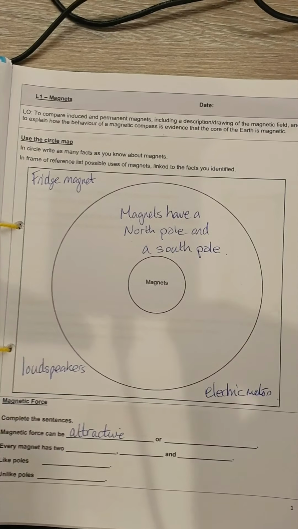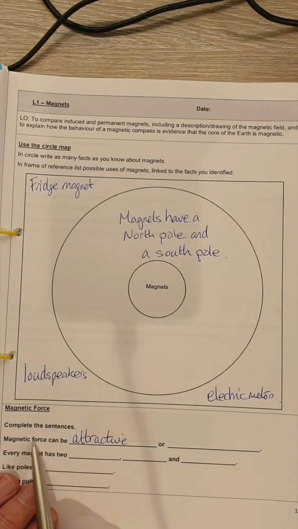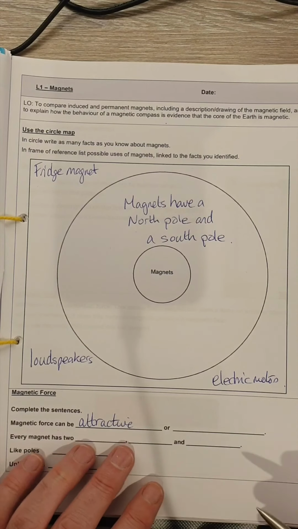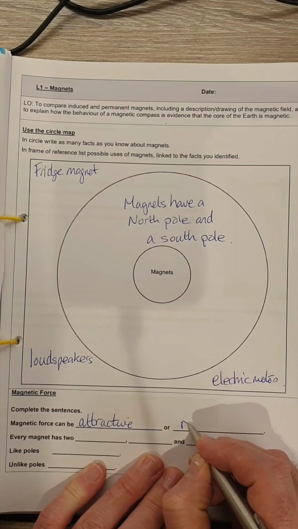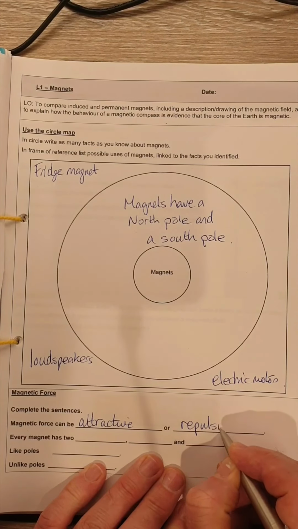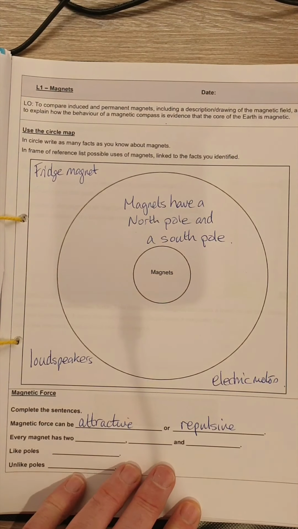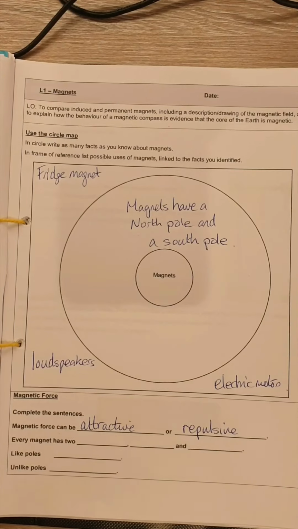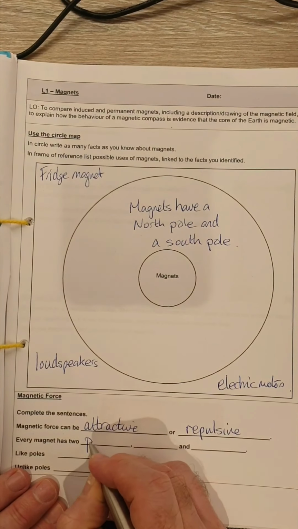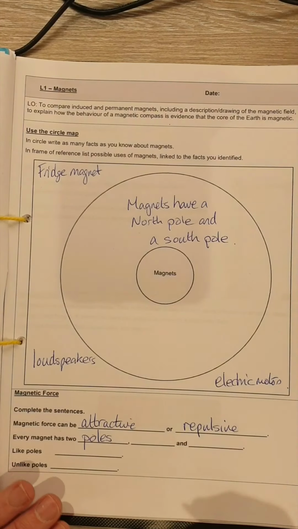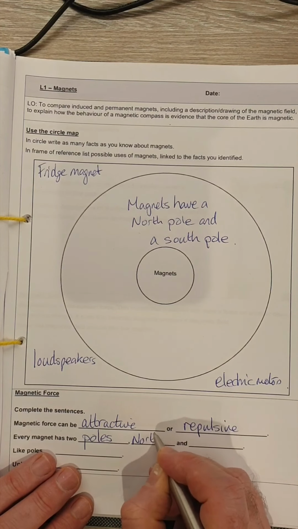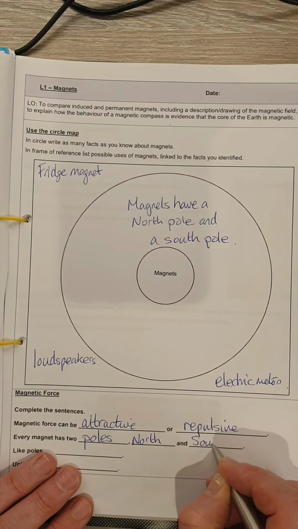So the first thing we can say is that magnetic force can be attractive like gravity, so pull objects together, but it can also be repulsive. It can force objects apart. Every magnet has got two poles. The first one is called a north-seeking or north pole, and the other one is called the south pole.